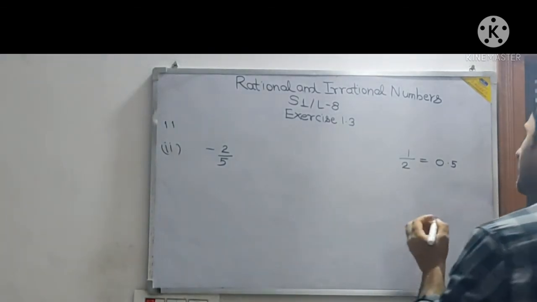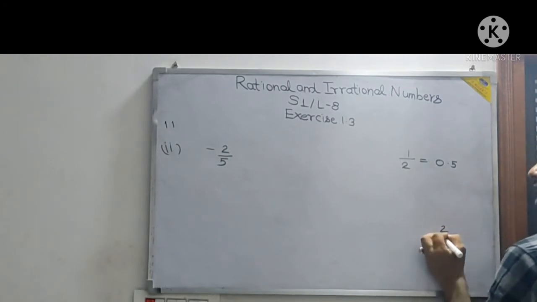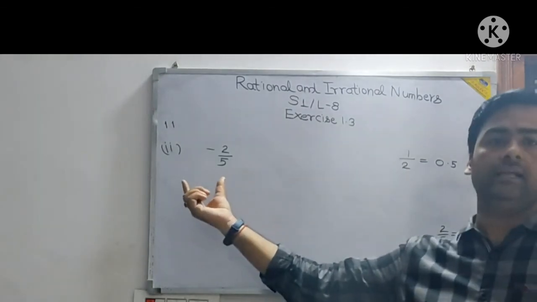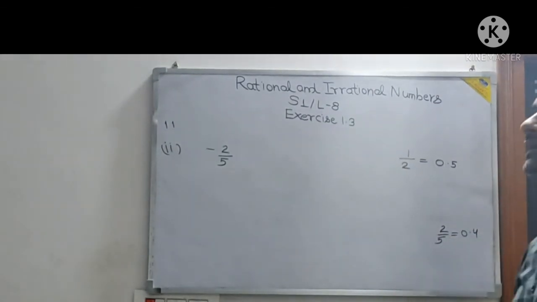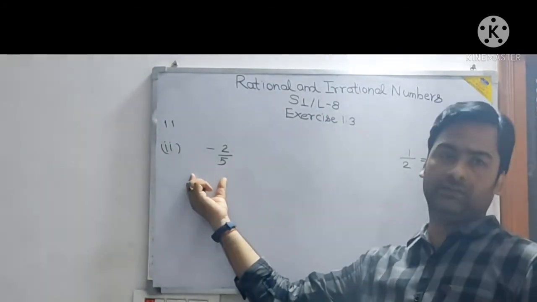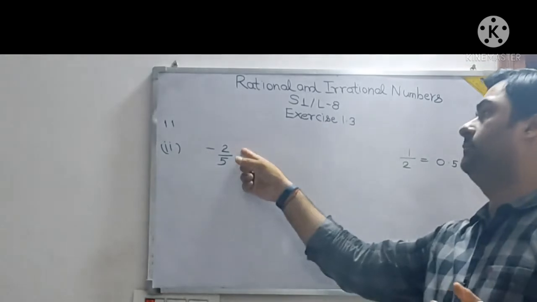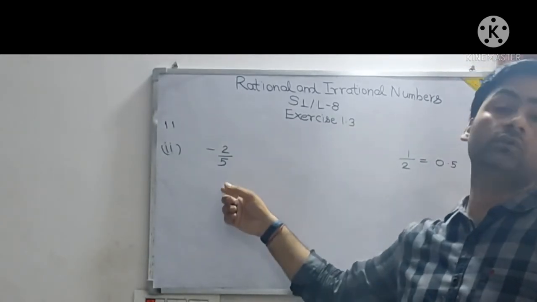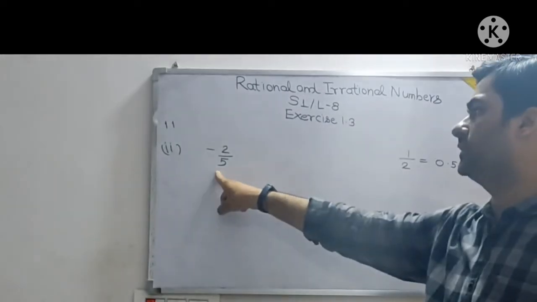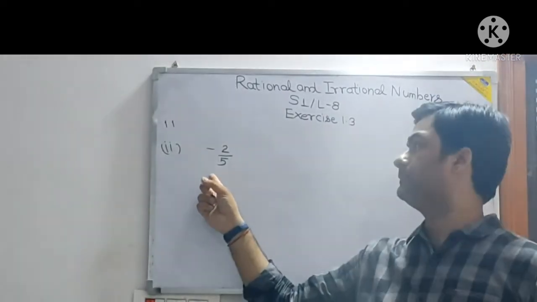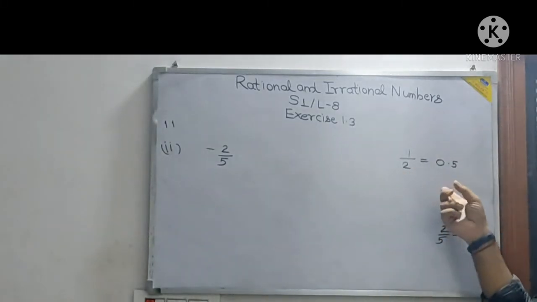If you consider 2 by 5, what is the value of 2 by 5? Value of 2 by 5 is 0.4. So on the negative side you have to insert here. Now, not what you told for the first part. Again, this is a rational number, only a rational number it is. P by Q, Q not equal to 0, and P and Q have no common factors other than 1. So this is also a rational number. This will have a terminating decimal expansion. This will also have a terminating decimal expansion.